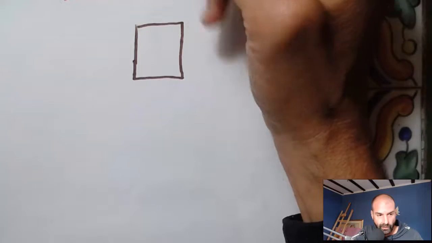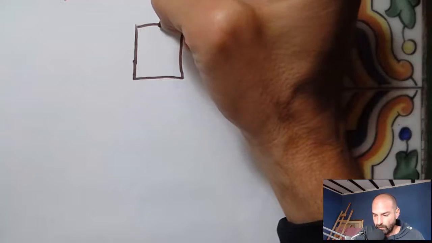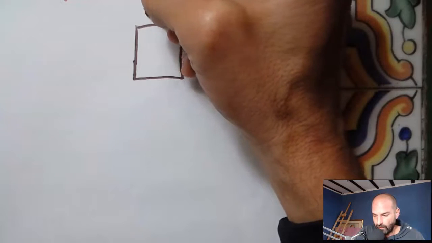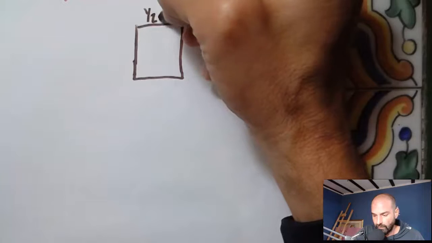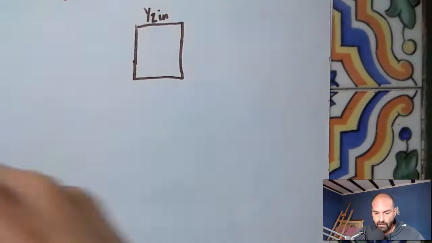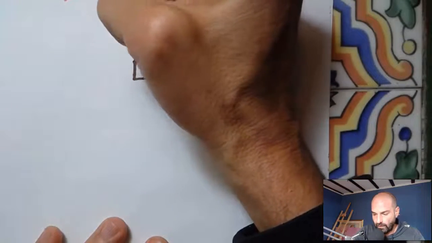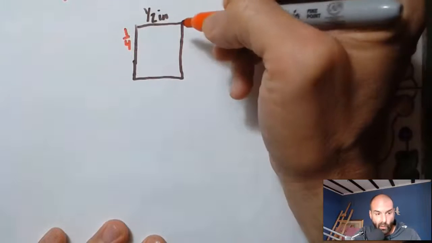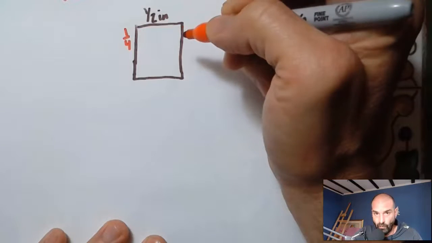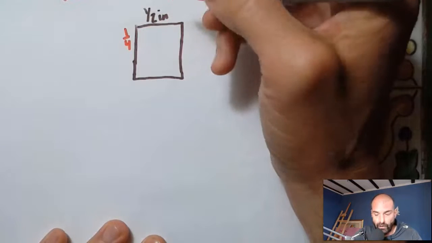I've tried to draw a square there. What we want to look at is 1/2 of an inch by 1/4 of an inch. Again, we're not looking at the whole side anymore. We're looking at part of it.